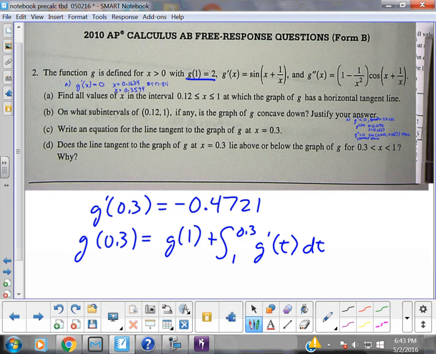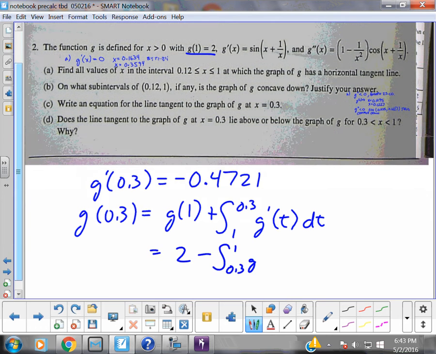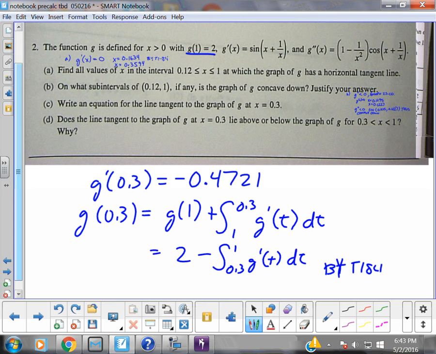Now, I don't want to do it this way, so I would write that this is 2 minus the integral from 0.3 to 1 of G prime t dt. I would write TI-84 here because there is no way I'm doing this by hand. I type this exactly into my calculator using the integral button from the math menu, and I get G of 0.3 equal to 1.5460, to 4 decimal places.